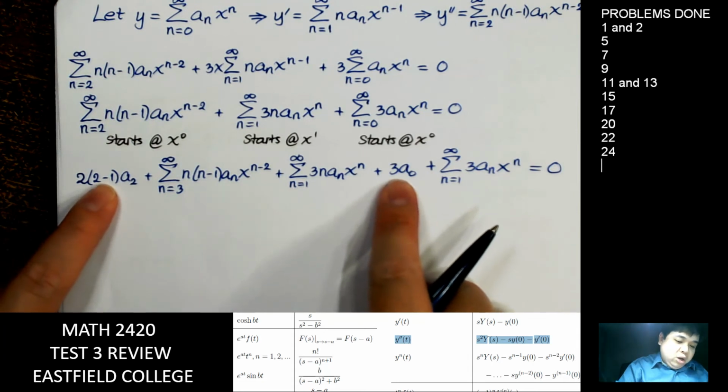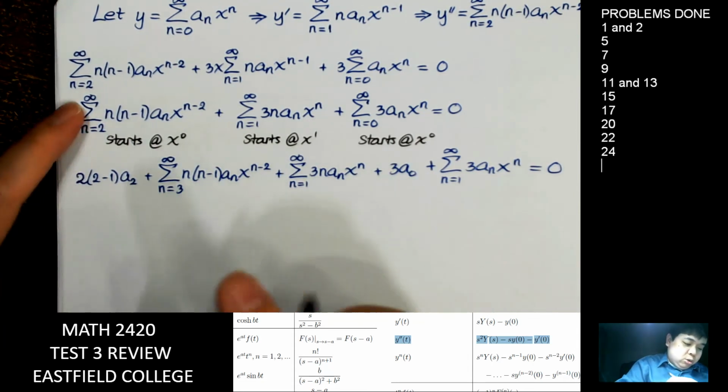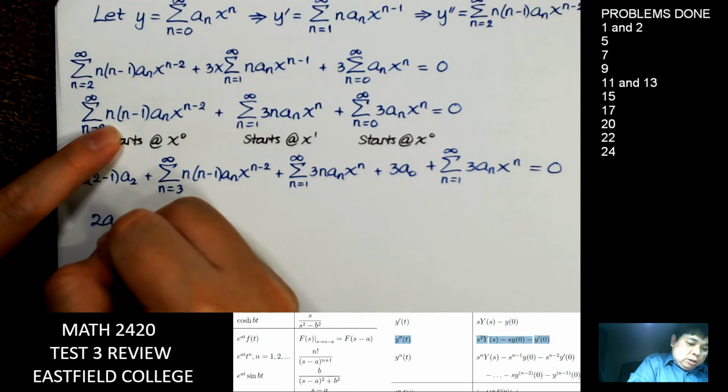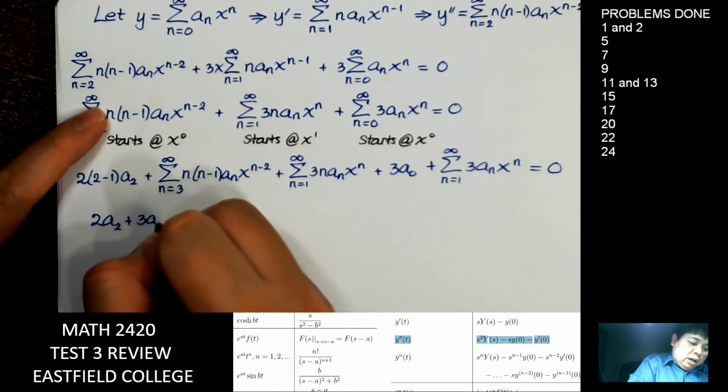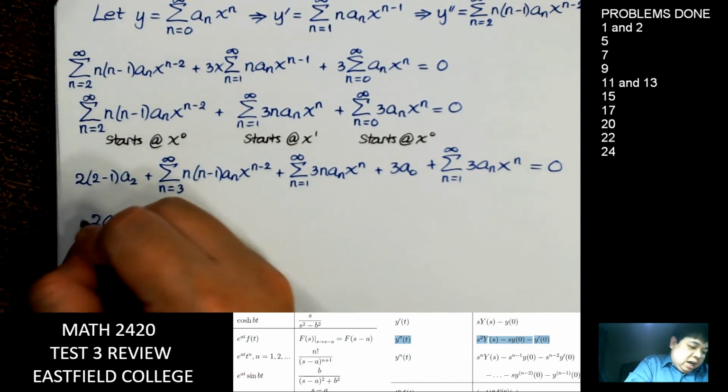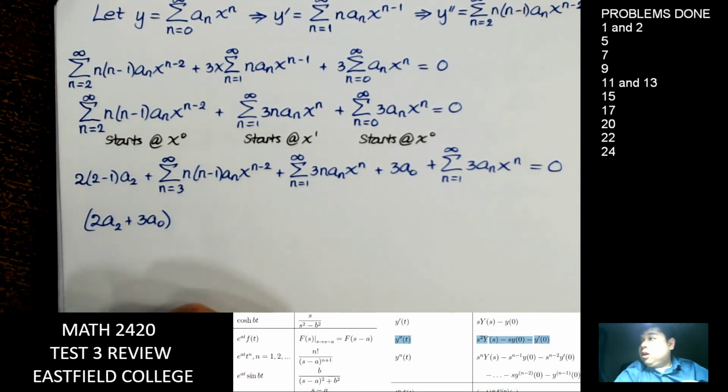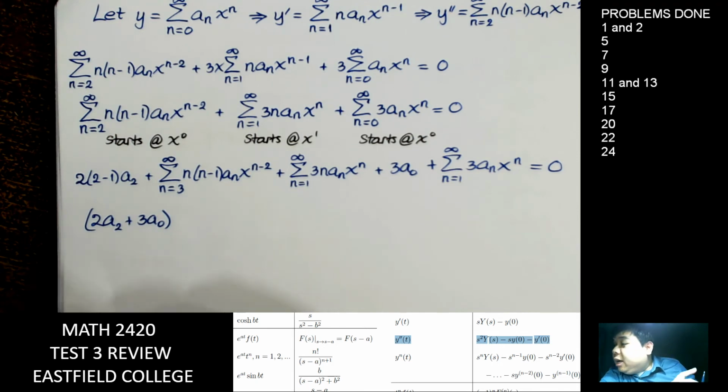So those two terms together, we have 2 times 1, so 2a2 plus 3a naught. I just want to check real quick.